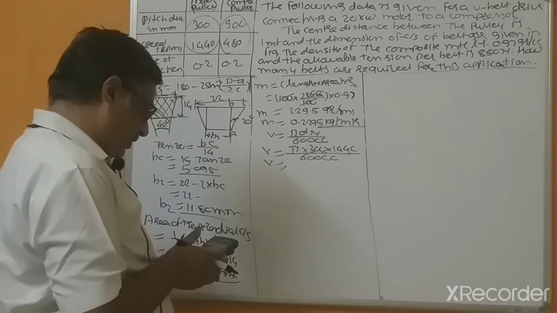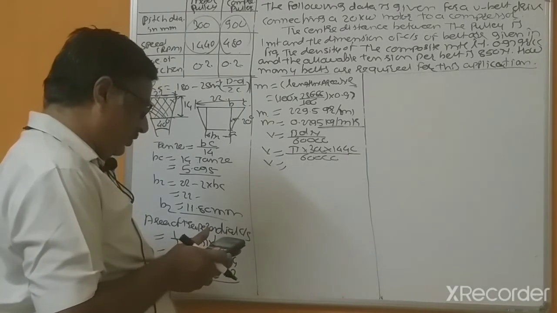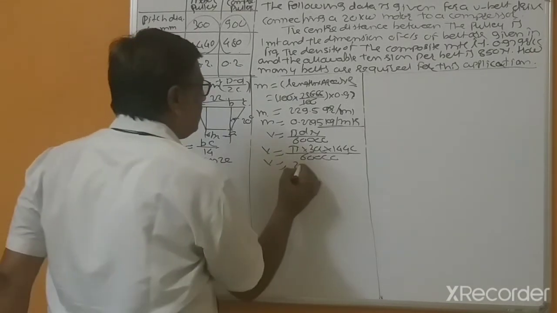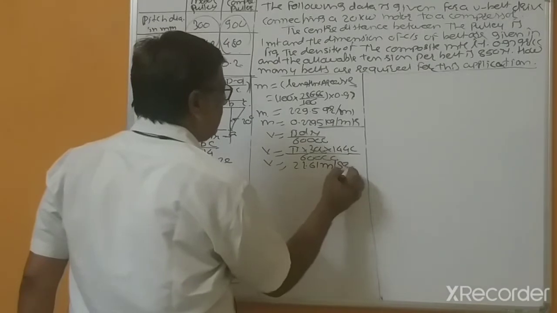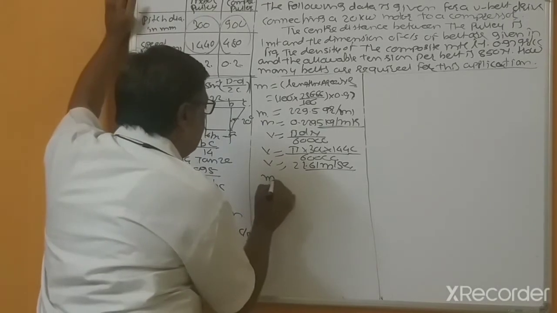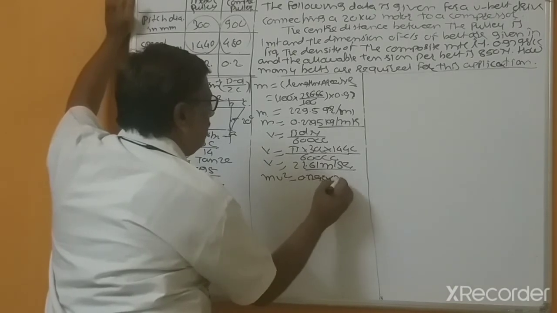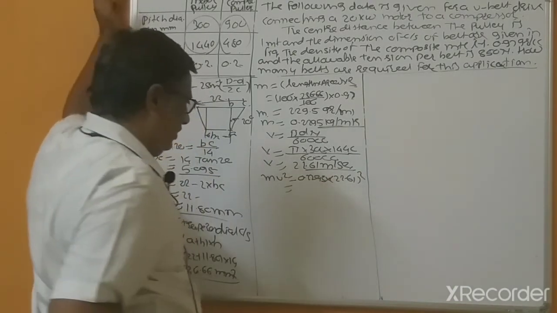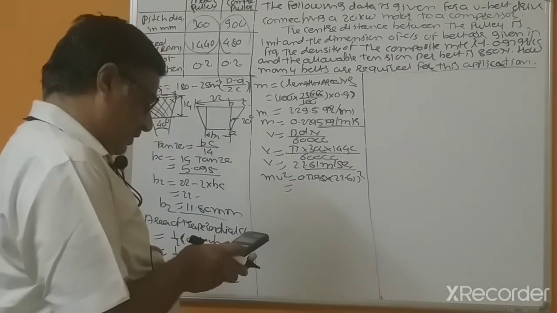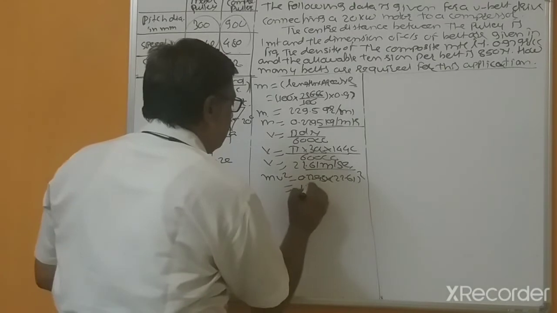Pi multiplied by 300 multiplied by 1440 divided by 60,000. This is equal to 22.61 meter per second. Right? Now mv square equal to 0.2295 into 22.61 bracket square. This is equal to 117.42.